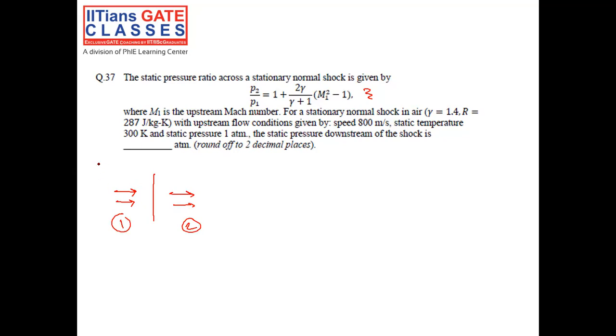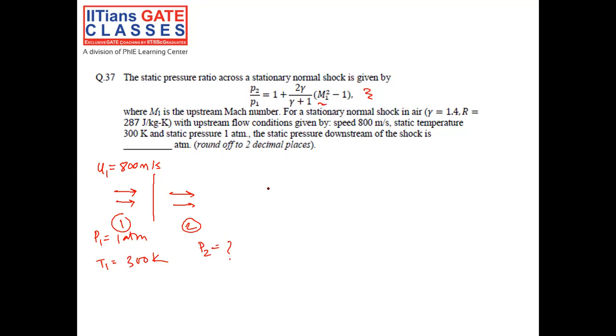So here U1 has been given as 800 meter per second, and P1 is 1 atmosphere, and T1 is 300 Kelvin, and we have to find out P2 from here. So from this equation to get P2, we need the value of M1, right?